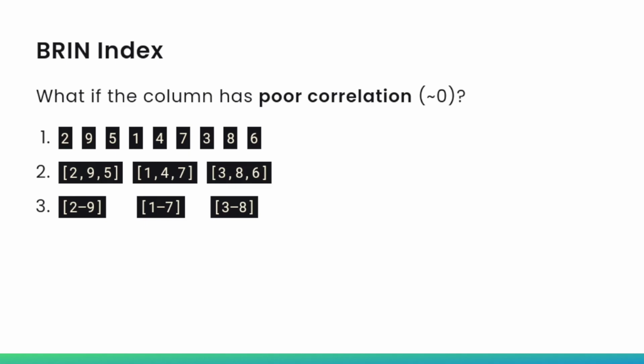But what if we assume for a second that our pages are not organized nicely like that? Let's take, once again, the same numbers, but this time they are sorted in a different way. So now we do the exact same thing. We take groups of three adjacent pages, and we create our BRIN index. You can see 2 through 9, 1 through 7, 3 through 8.